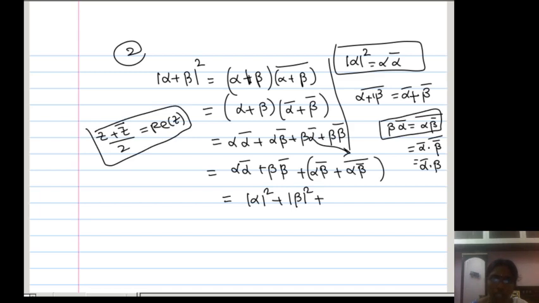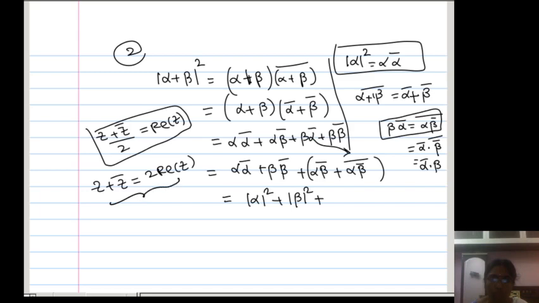Z equal to x plus iy, x plus iy plus x minus iy, plus y minus y cancel, 2x by 2, x will be left. Real part of Z is x. So the relation is this: (Z + Z̄)/2 = Re(Z). So you can also write Z + Z̄ = 2 Re(Z).